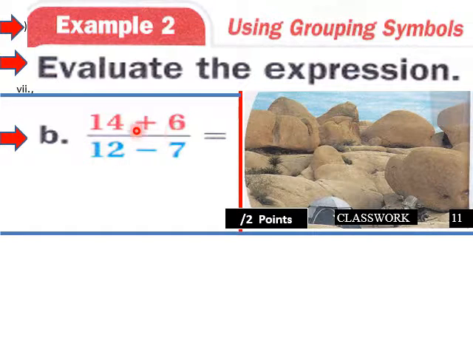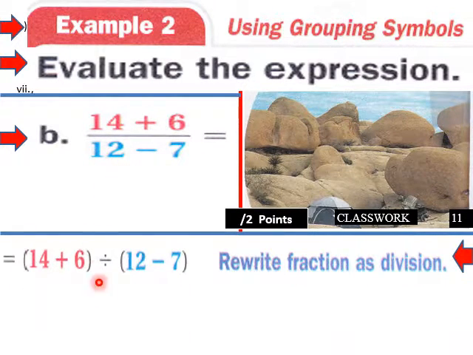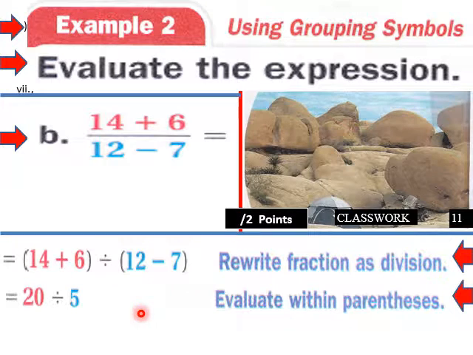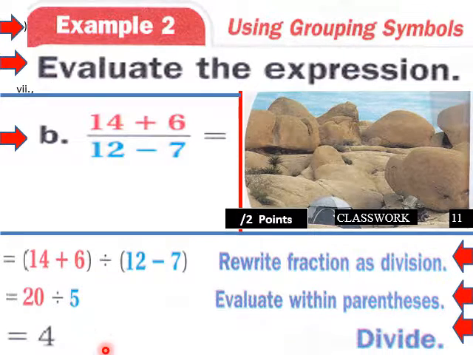Here's a grouping symbol here, but for each one of these, this is a horizontal way of stating this problem. So first we would do our inside parentheses here, would be 5, and then 14 plus 6 would be 20 divided by 5. That would be 4. So that would be the order of operations that you would use to solve B: put parentheses around these, and then do those independently, and then do your division.